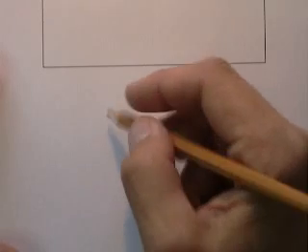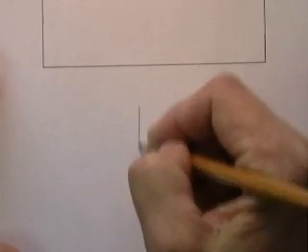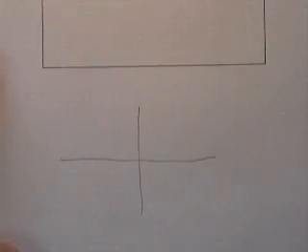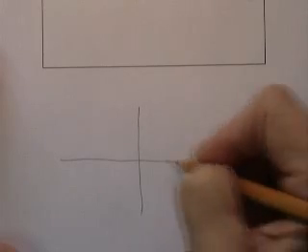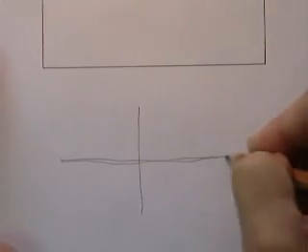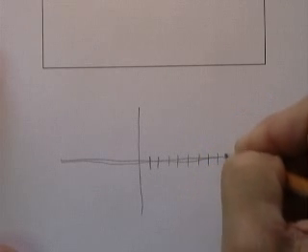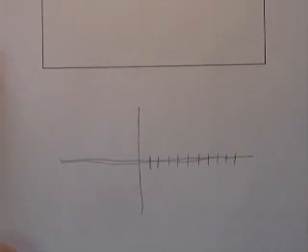He said, well, you're going to need two, what I'm going to call axes, and they're going to be at right angles to each other, and this axis is going to be scaled for the input.